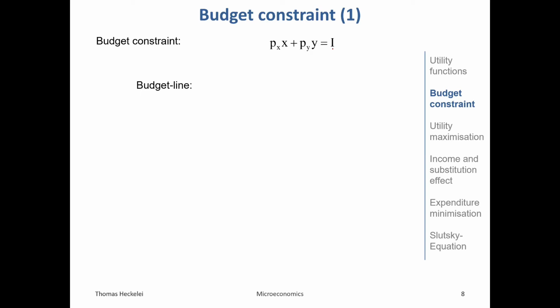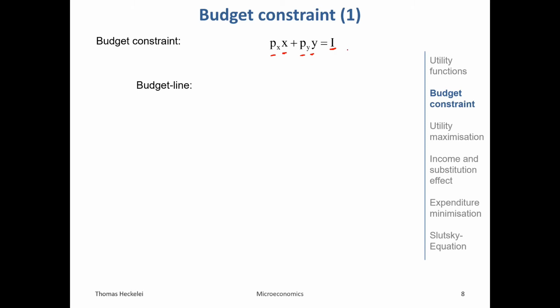It means that you have an income I, which is assumed to be spent on X and Y. So we spend everything on X and Y so that the amount of money we spend on X, which is price times quantity, and the amount of money we spend on Y must sum up exactly to I. That's the idea here.